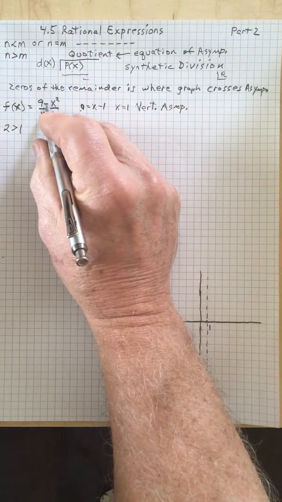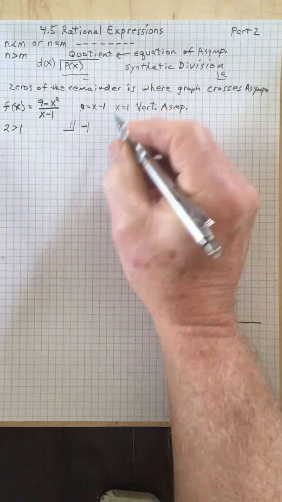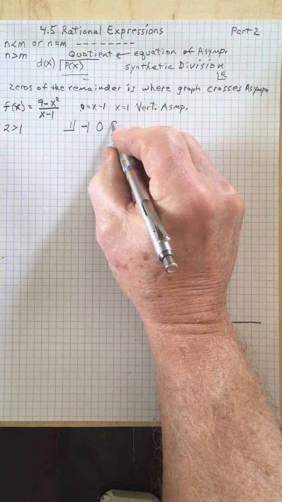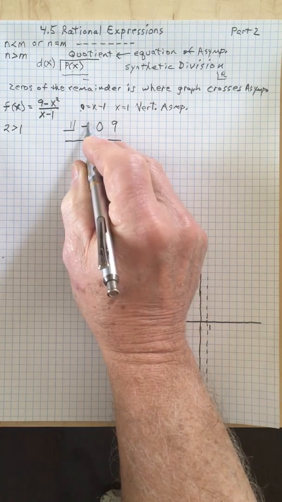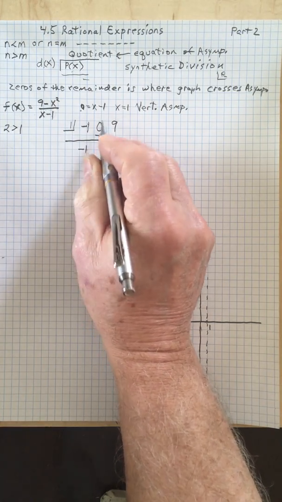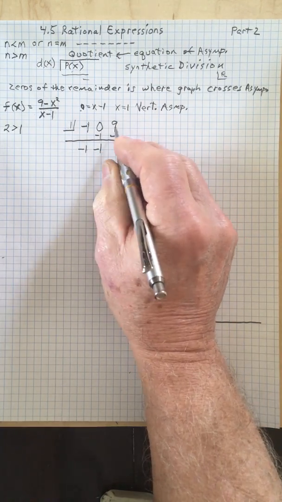I put in the coefficients here, and zero fill the missing ones. So x squared is a minus 1. x is missing, so I have to put a 0. And then I have 9 for the constant term. Draw the line, bring it down. Minus 1 times 1, add them up. Minus 1 times 1, add them up.